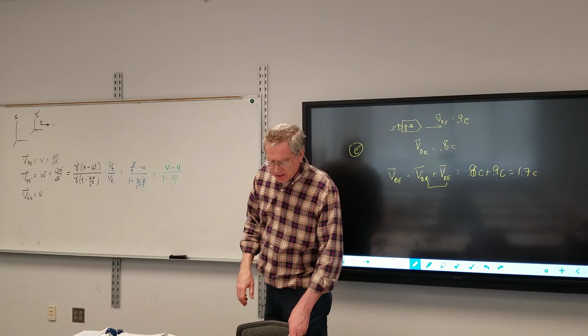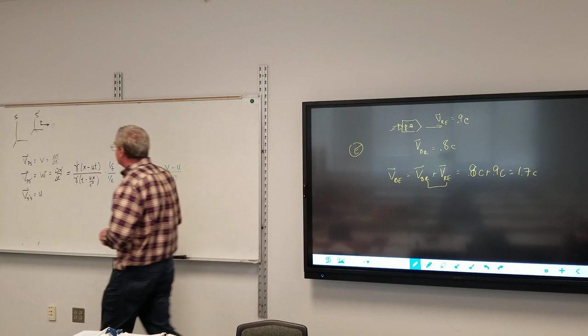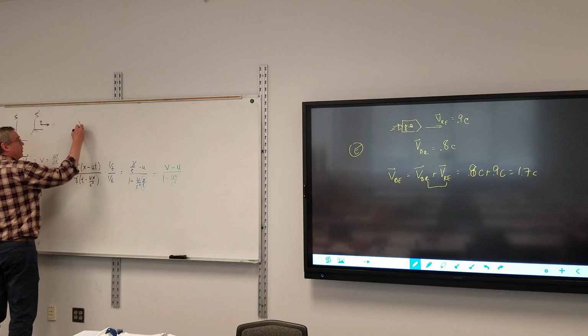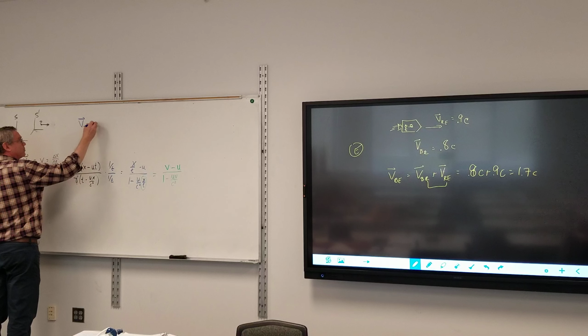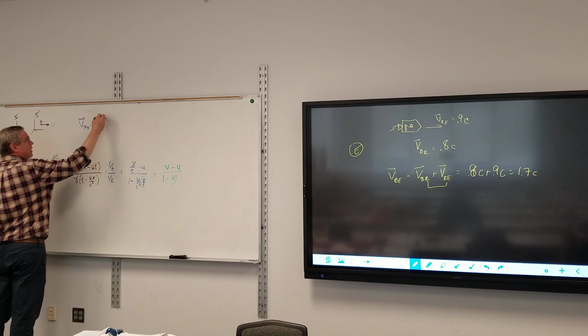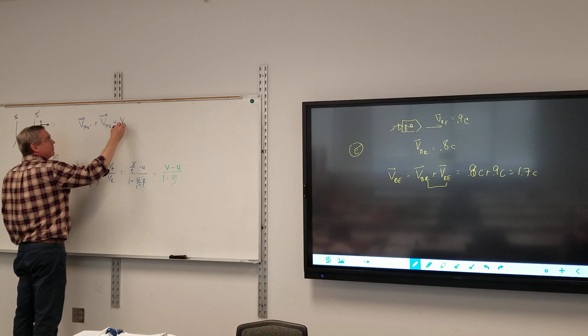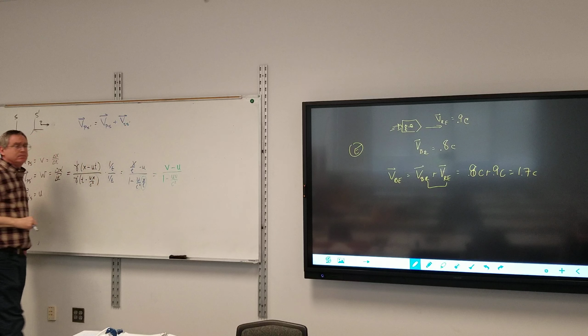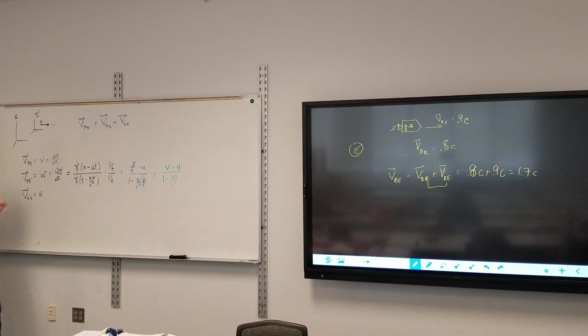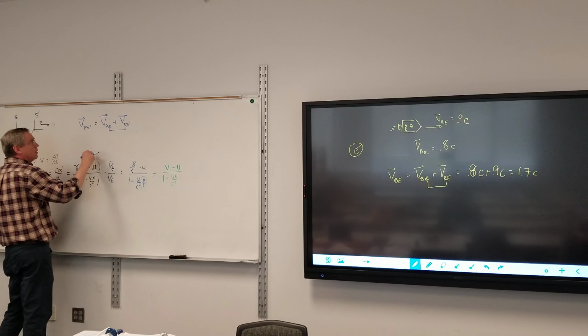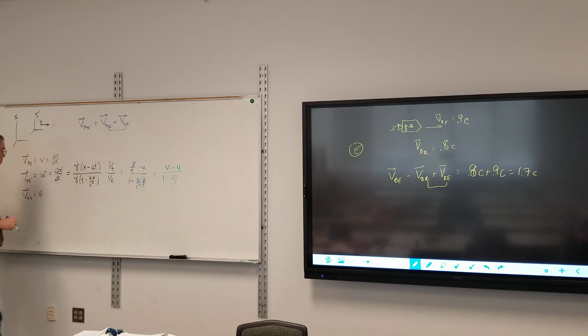Connecting back to Galilean relativity. If I want to know the velocity of P with respect to S prime, that should be the velocity of P with respect to S plus the velocity of S with respect to S prime. Velocity of P with respect to S is v.